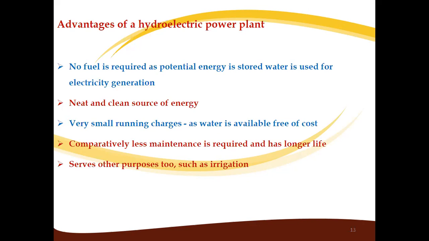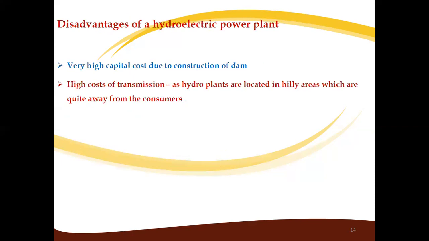As in a thermal power plant, we have a number of parts and elements, and temperature is involved, so maintenance is high. Comparatively, the hydroelectric power plant has less maintenance cost, and the life of the components is also longer. The next advantage is that it serves other purposes like irrigation, or we can supply water to industries also. So this is another advantage of this hydroelectric power plant.